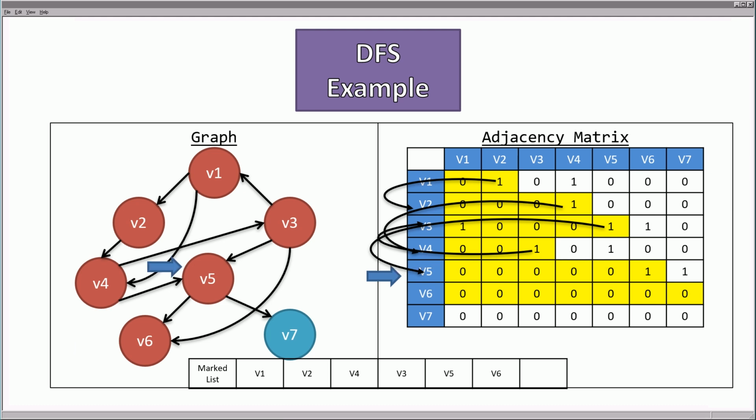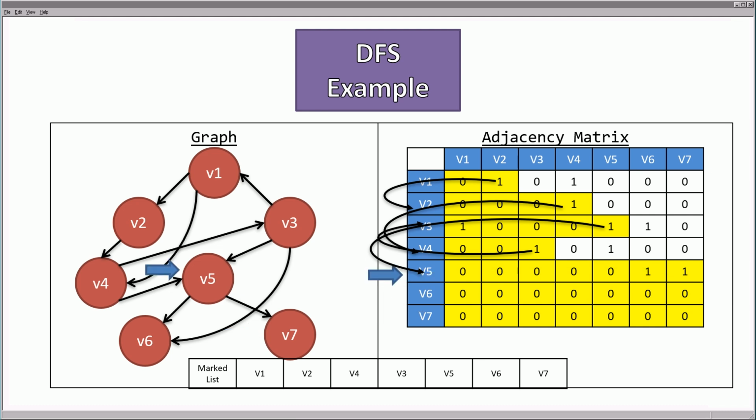Now we haven't checked all of the edges going out from v5, which there happens to be one more. v5 does point to v7. v7 is not a part of our marked list, so now we mark it. And just like v6, v7 has no outgoing edges. As this is a dead end, we now backtrack to v5.